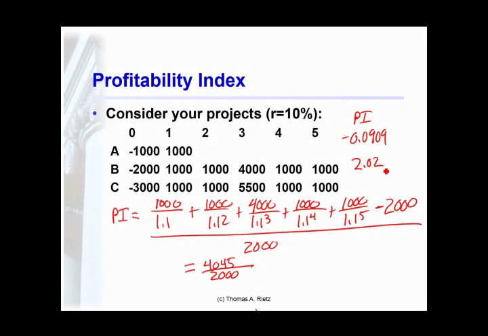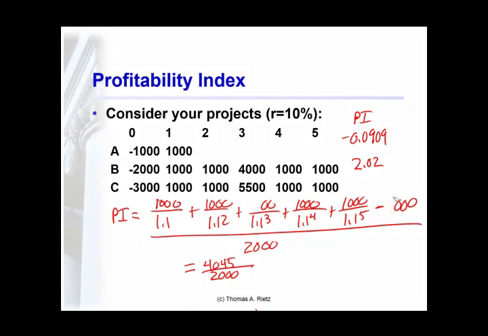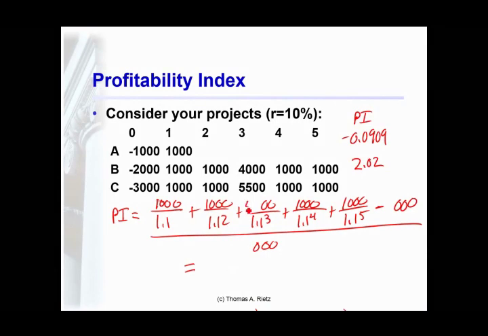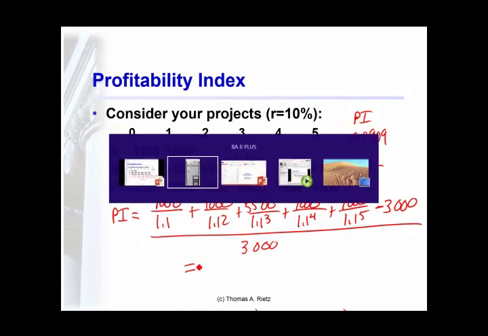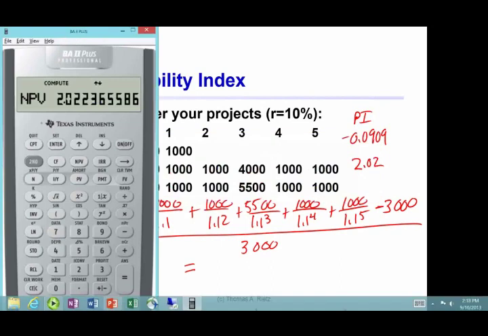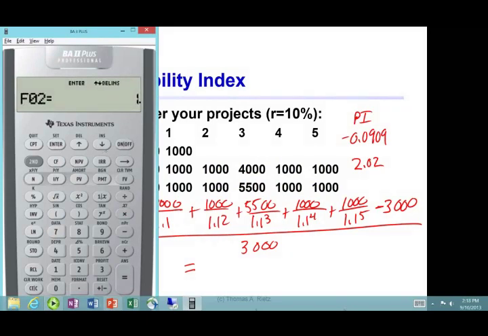For C, the cash flow in period 3 changes, the cost changes, everything else stays the same. Now we have $5,500 in year 3, a $3,000 cost. So under cash flows, we need to change the cost today and the cash flow in period 3.